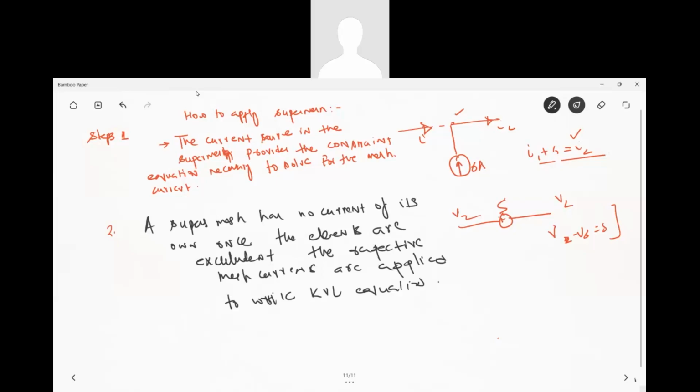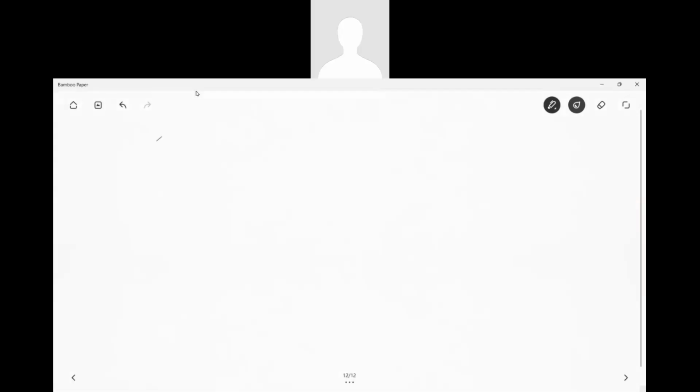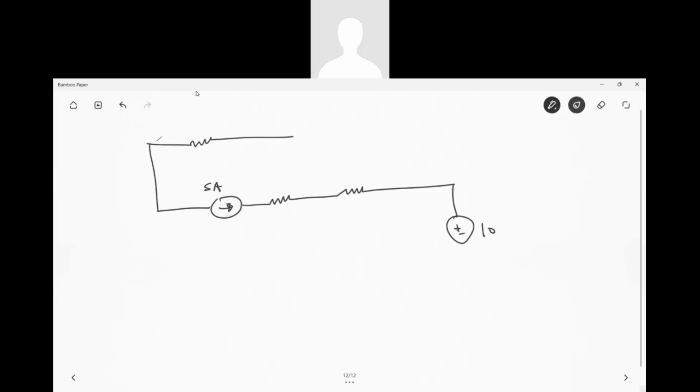See here, for example, if I give you a problem like this, let's say this is my 2 ohm, this is 5 amps here, this is 4 ohms, this is 2 ohms, and this is your plus minus 10 volts, this is your 6 ohms here.